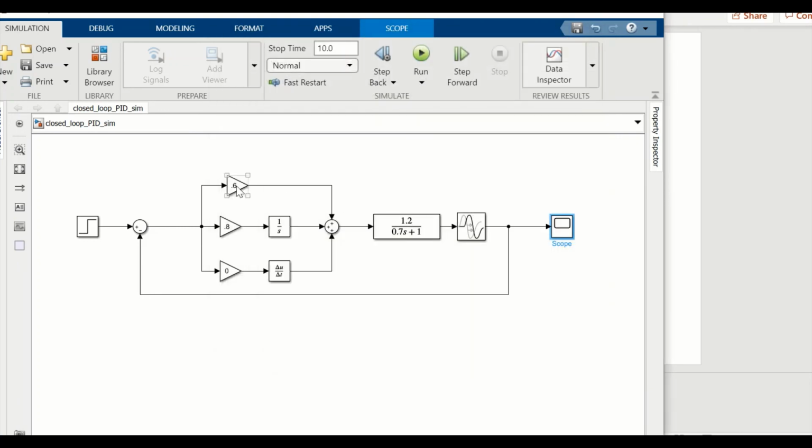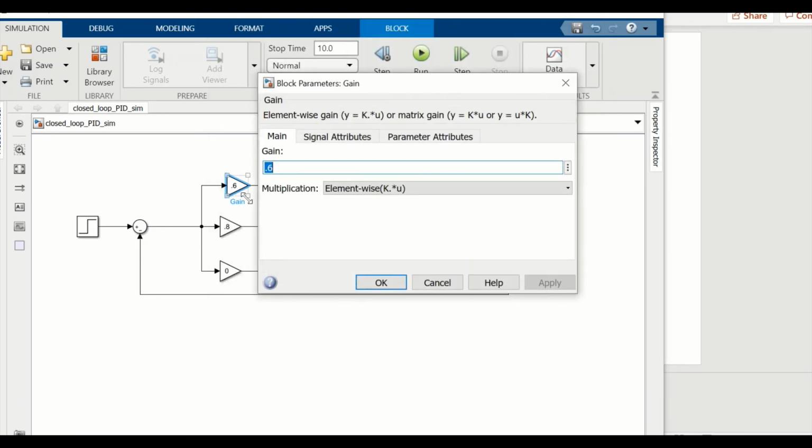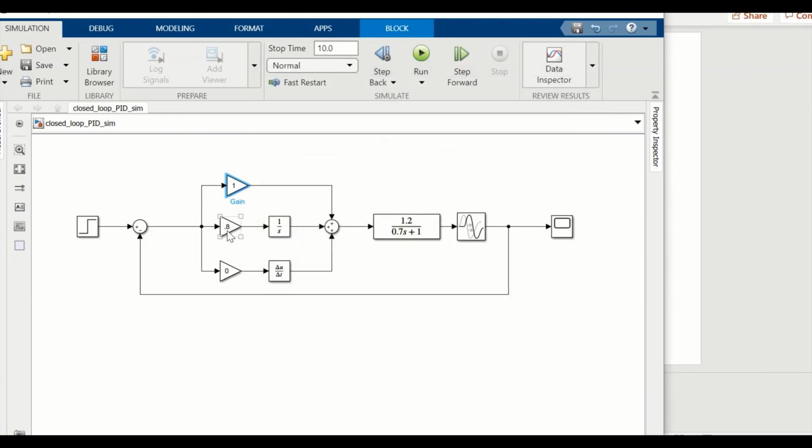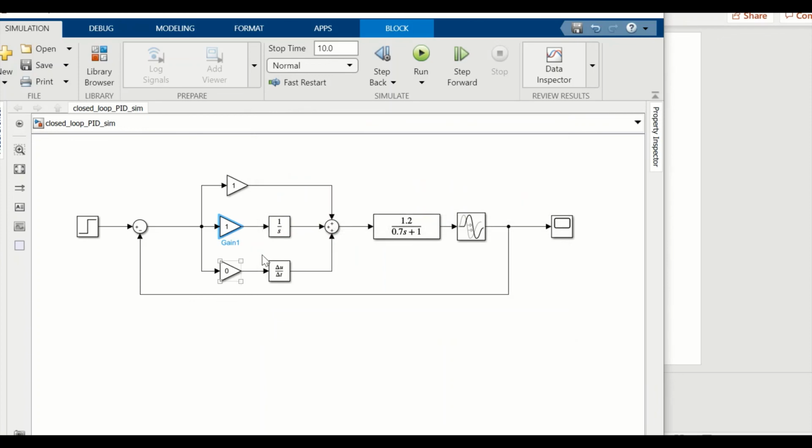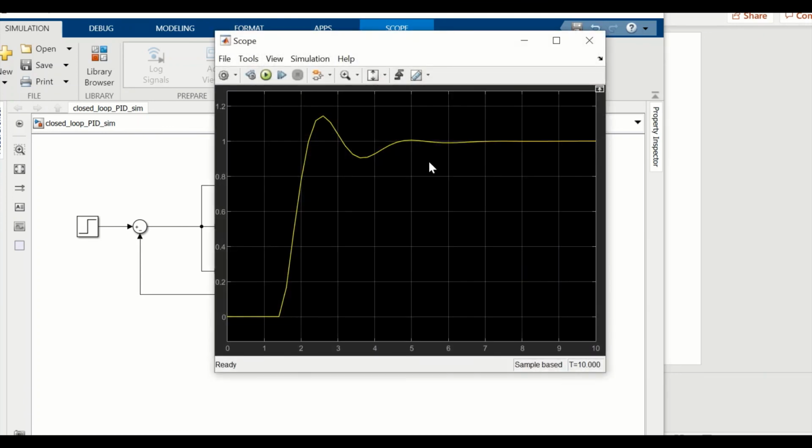If we chose some other numbers, let's say maybe this was 1 and this was 1 as well, and that was 0, we get some different result now. So it's now more oscillatory, as we might expect by increasing the controller gains.